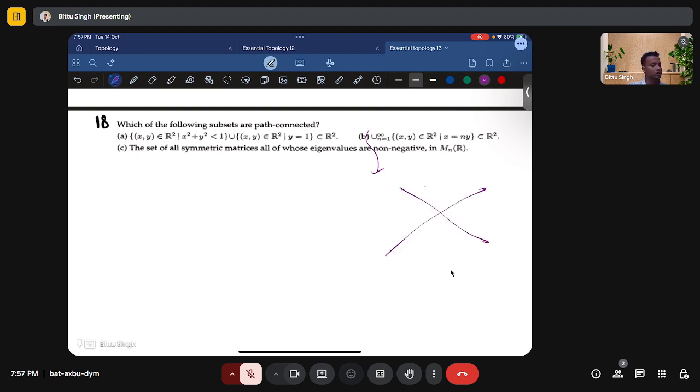There are lots of straight lines passing through the origin, right? Clearly this is connected because all those straight lines are already connected and there is a common point which belongs to all those straight lines. So B is connected.